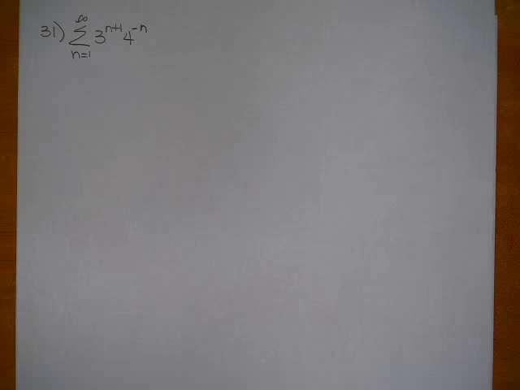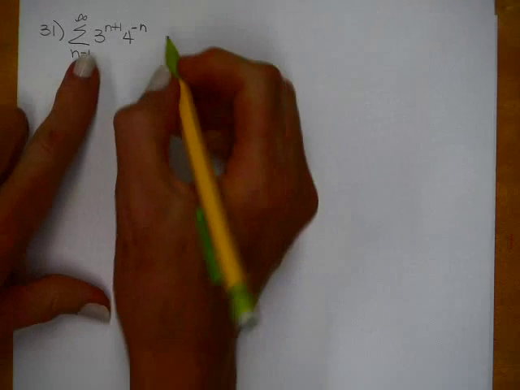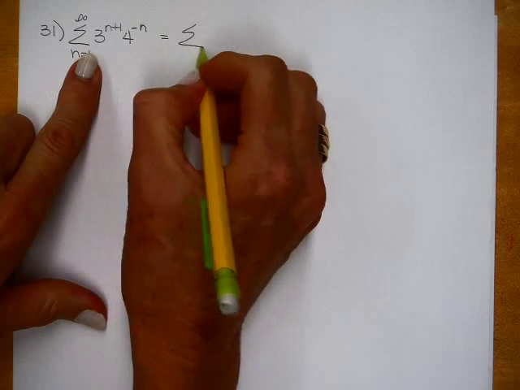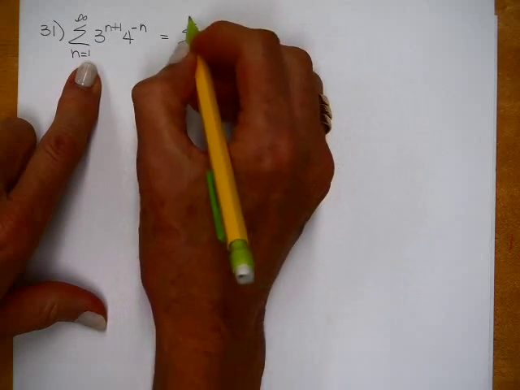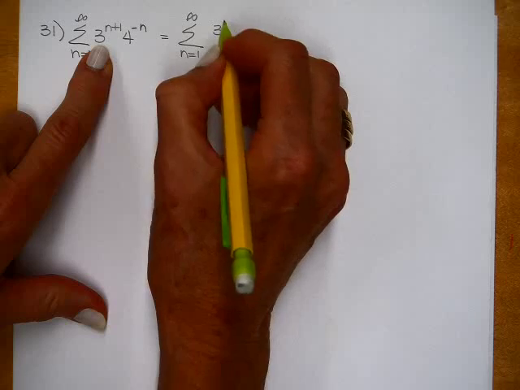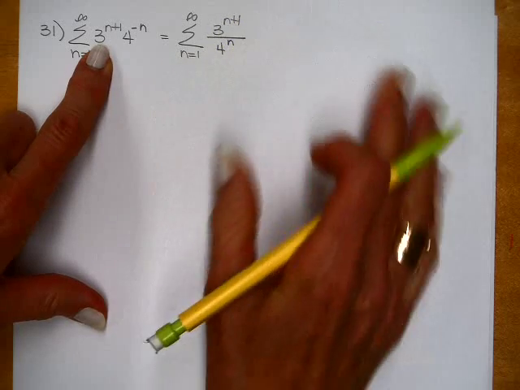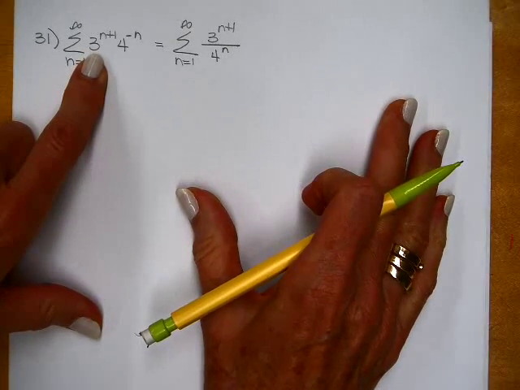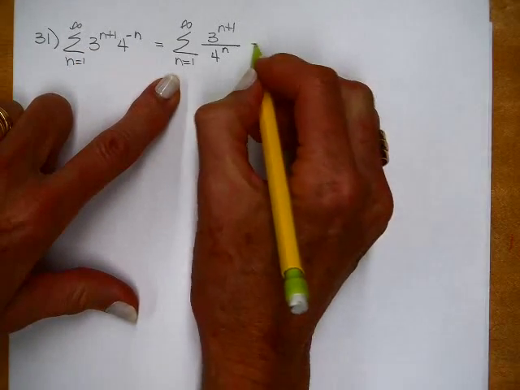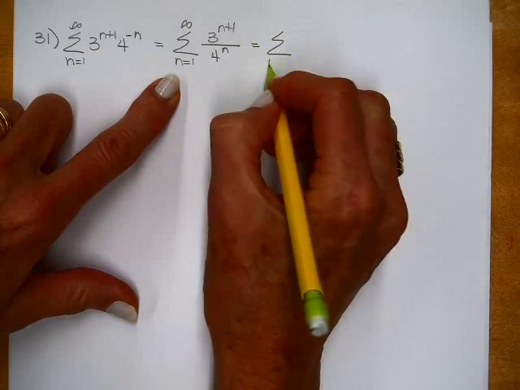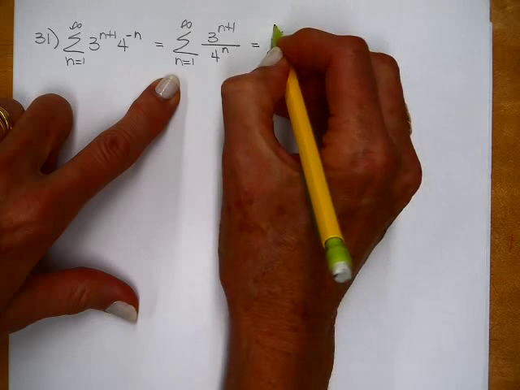You're again going to have to do some algebra to get your common ratio. So the negative exponent: n equals 1 to infinity, this is 3 to the n plus 1 over 4 to the n. Make your exponent positive. Then you can do some algebra.